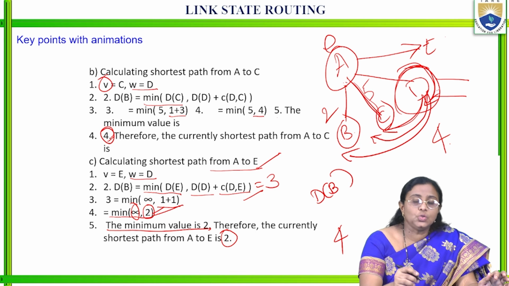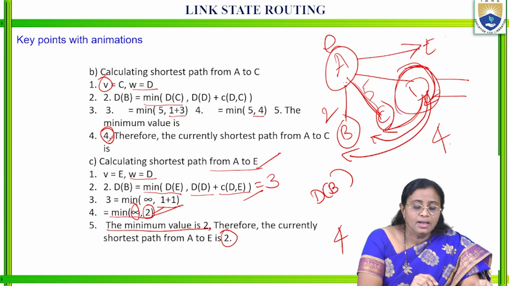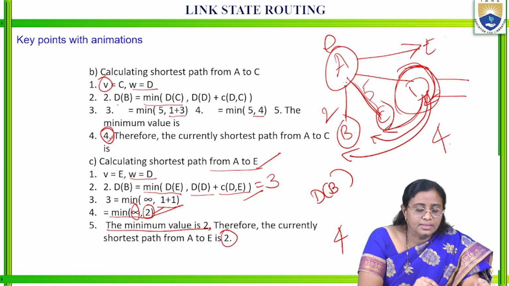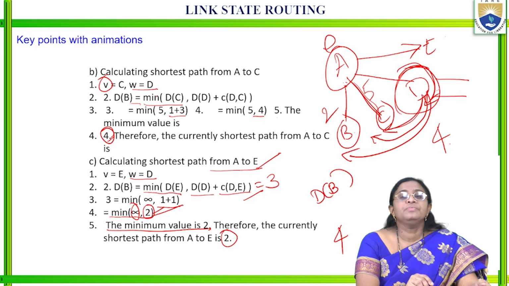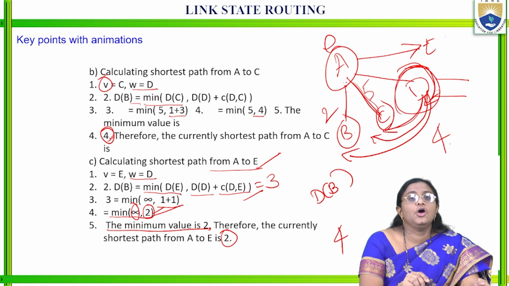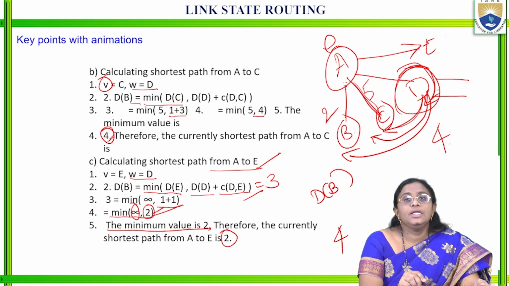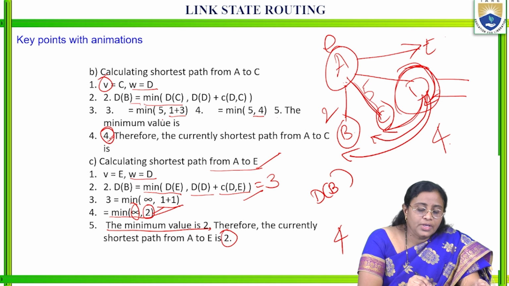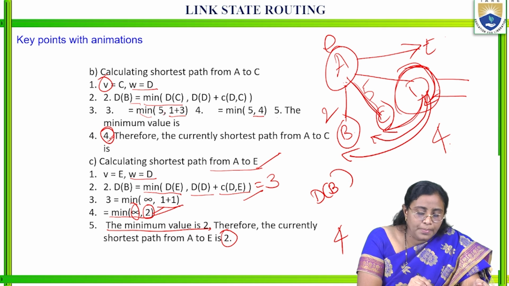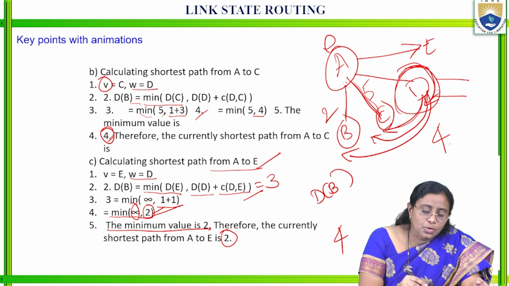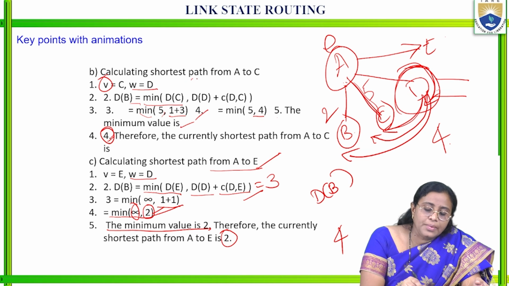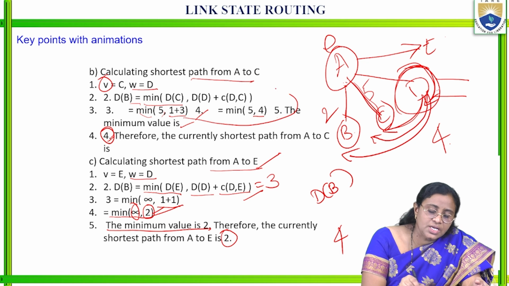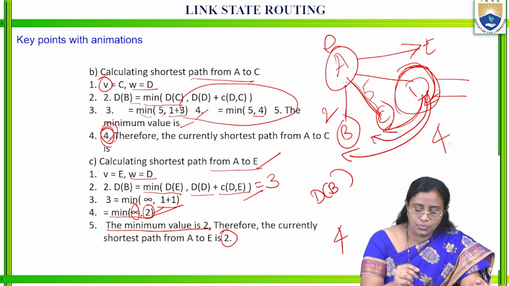To calculate the path from A to C, D of B is equal to minimum of D of C, D of D plus D of C. So if you take it in an additional way, minimum 5, the path is 5, hence 1 plus 3 is equal to 4. So if you want the path from A to C according to this equation, the path is 4.